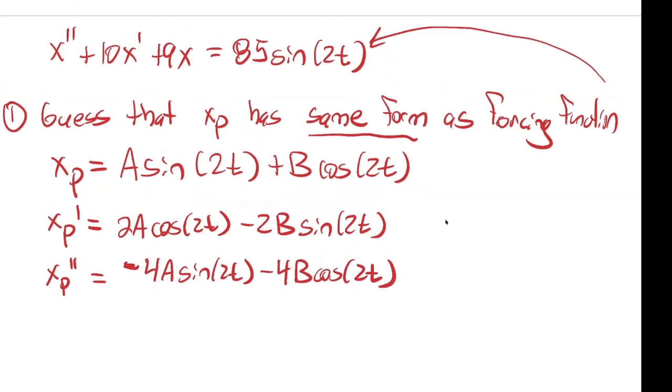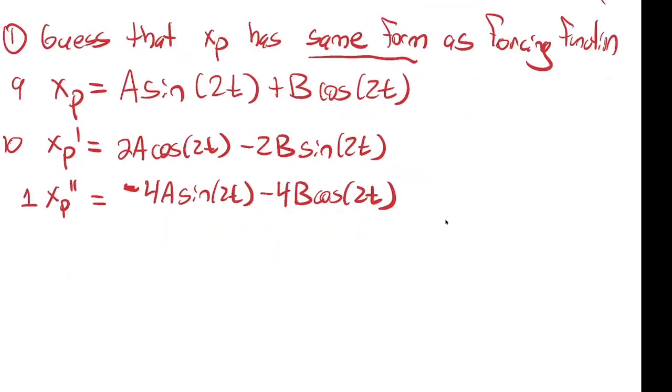So the differential equation says we are going to take 1 times the second derivative plus 10 times the first derivative plus 9 times the original function. Any questions while I'm writing away?